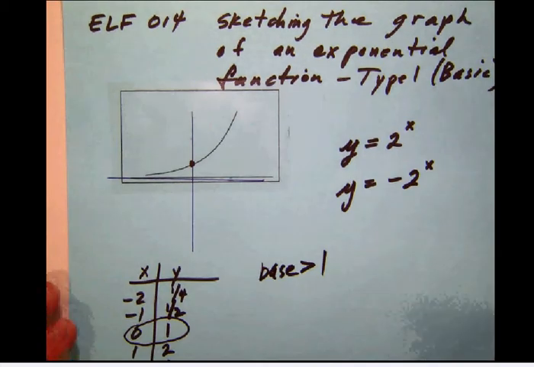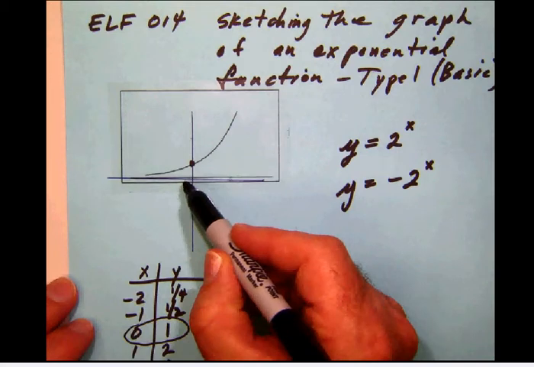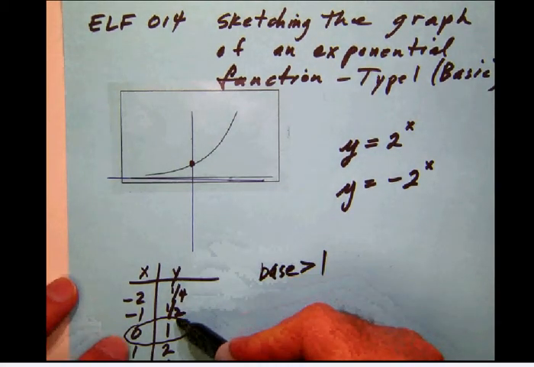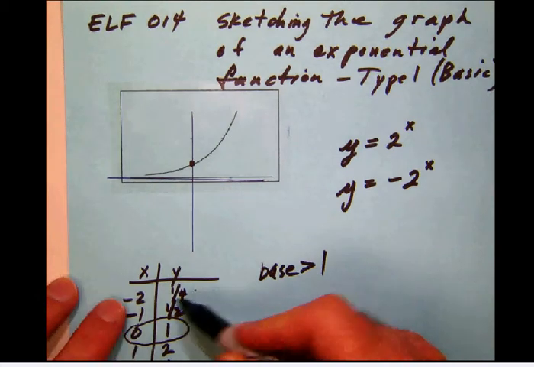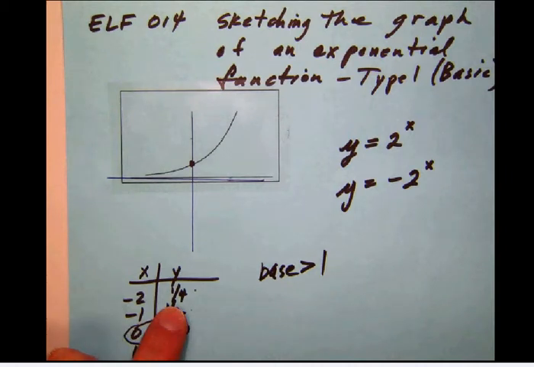Over here on the left hand side, it's going to approach the negative x-axis as an asymptote, because you can see here that these values are coming down. If we were to plot a few more of these, at negative 3 we would have 1/8, at negative 4, 1/16, getting closer and closer to the x-axis on the negative side.